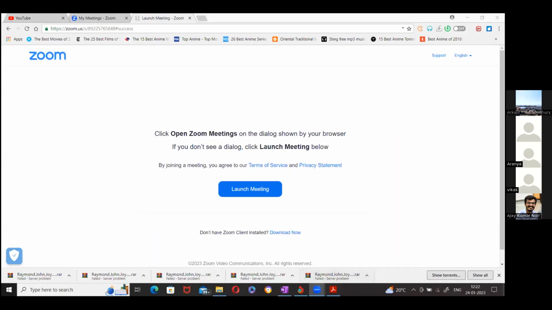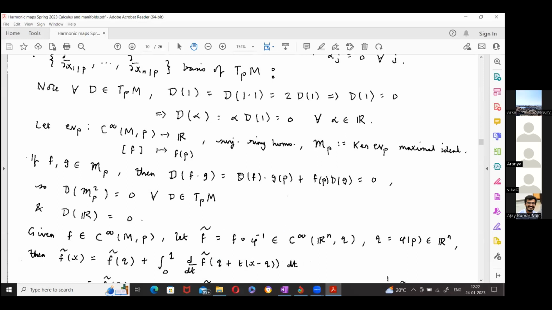So we have this unique maximal ideal of functions vanishing at P in the ring of germs of smooth functions at P. Now notice, if I have two functions f and g in this maximal ideal M_P, then what is d of f times g going to be?